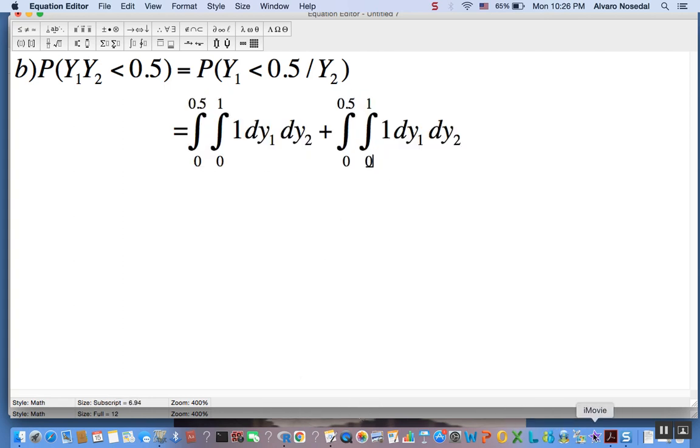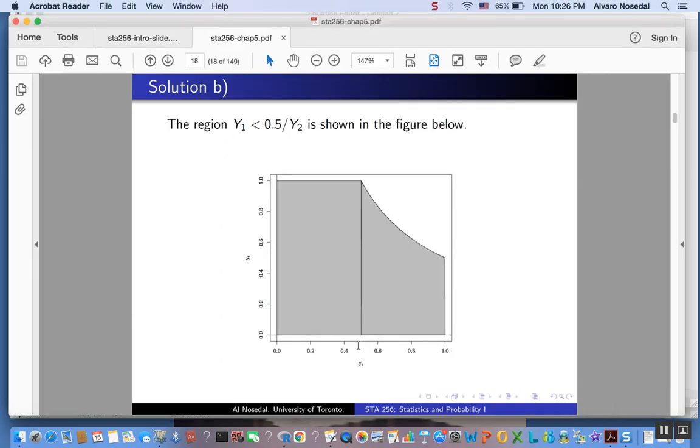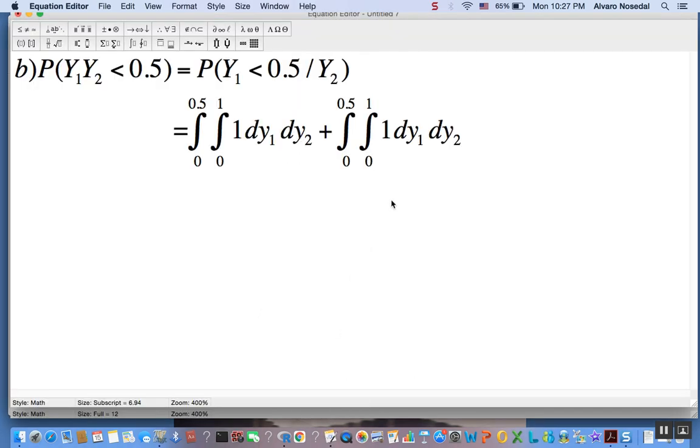Now let's go back to this. We can see that y2 will vary from 0.5 to 1, right? But y1 must live below that curve, okay? So that's why I'm integrating with respect to y1 first, because I know that that guy is restricted. So it goes from 0 to 0.5 divided by y2.